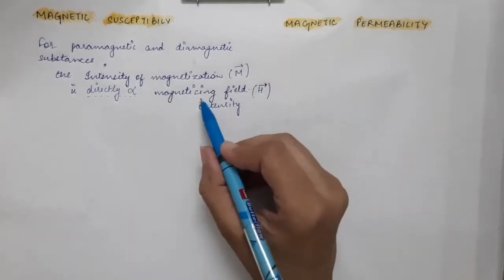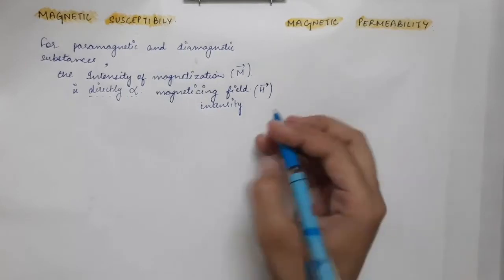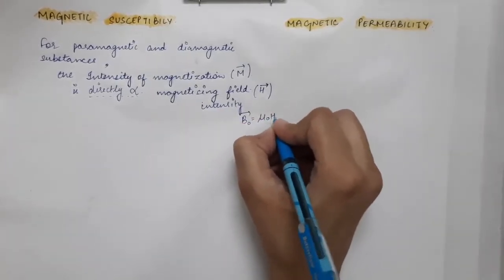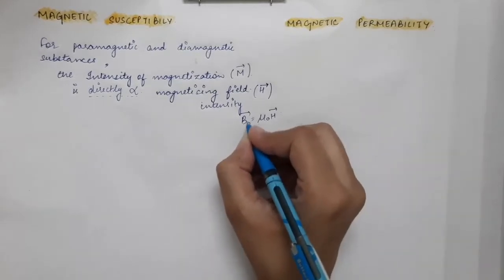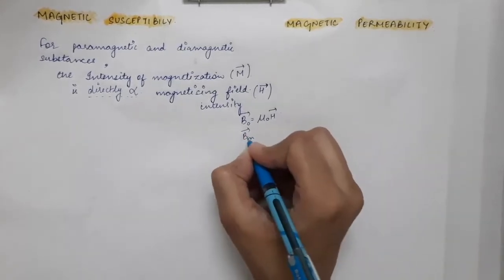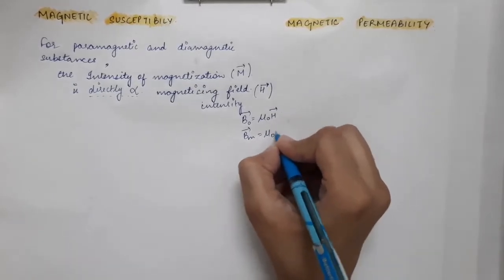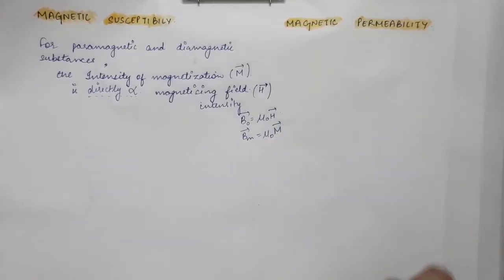So more is the magnetizing field intensity. We have seen that B naught vector is equal to mu naught times H vector, and that Bm vector, which is the induced magnetic field inside the sample, is equal to mu naught times M vector.